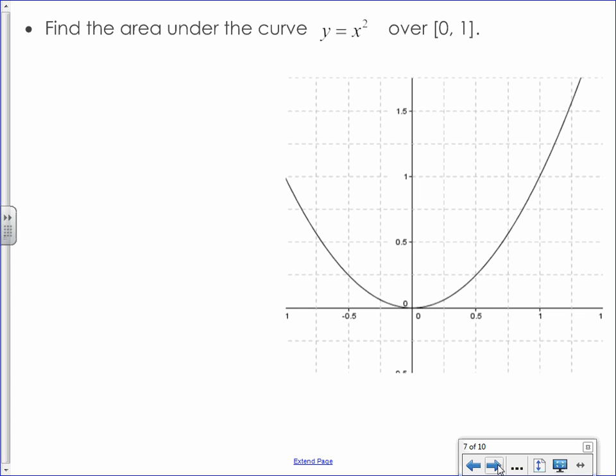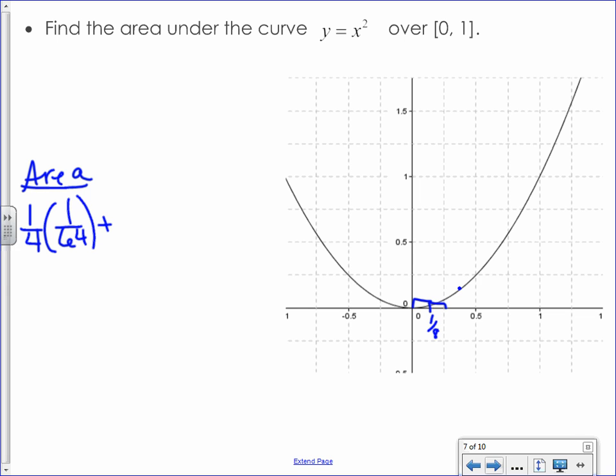And what's the middle of 0 to 1/4? 1/8, right? Okay. So our area is going to come from we're still 1/4. What's the height of this rectangle? We plug in 1/8 to get it. So the height is 1/64.